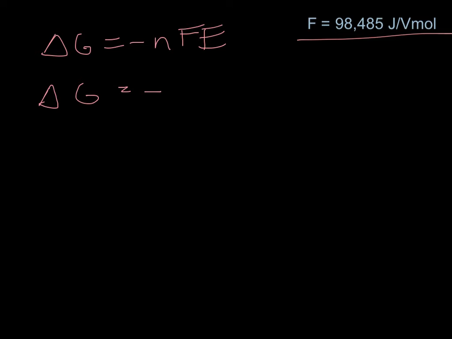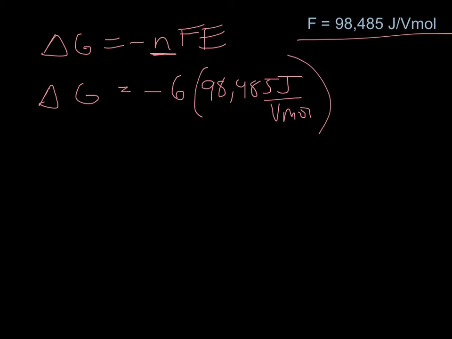We wrote the overall redox reaction, we balanced it, and it was 6 total electrons, which is going to stand for 6 moles of electrons here. So multiply that times Faraday's constant, which is 98,485 joules per volt mole. And then we tack on that our cell potential was 0.90 volts.